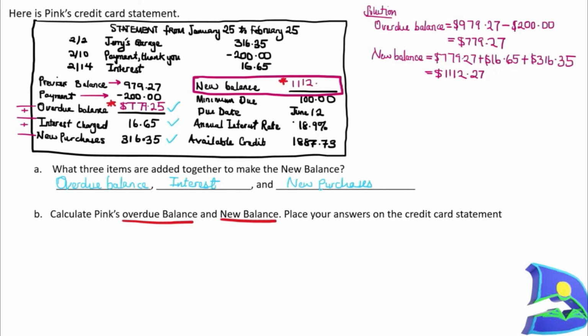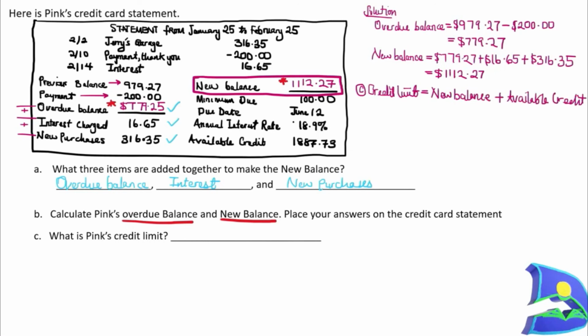So all these are things you need to keep track of in your credit card statement. And finally here is, what is the credit limit? The credit limit here is a combination, or the adding, of your available credit and your new balance, which in this case is this particular money and that particular money available credit.